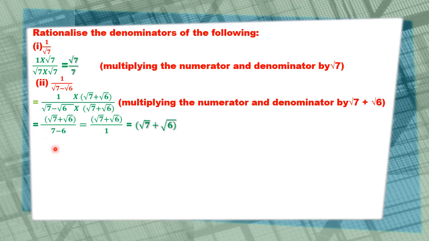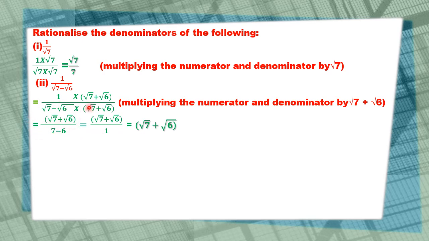Yes, you can see over here root 7 into root 7, a squared, is 7 and root 6 into root 6, b squared, is 6. And the identity is a minus b into a plus b. The denominator got converted into a rational number. 7 minus 6 is equal to 1. What about the numerator?